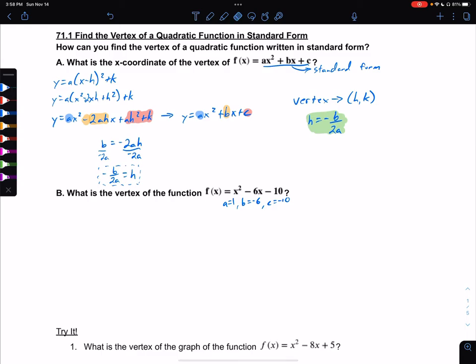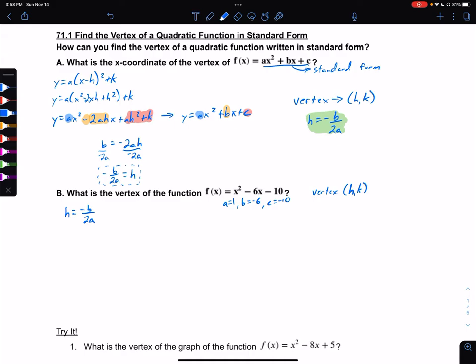And remember that our vertex is hk, and we're looking for h. So the first thing we're going to say is h is equal to negative b over 2a. And we're going to plug in our values.